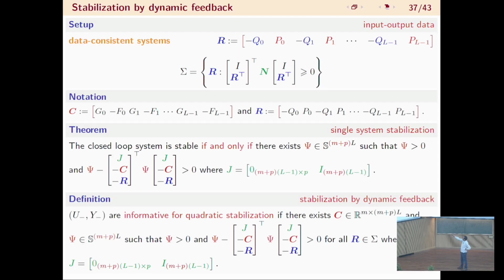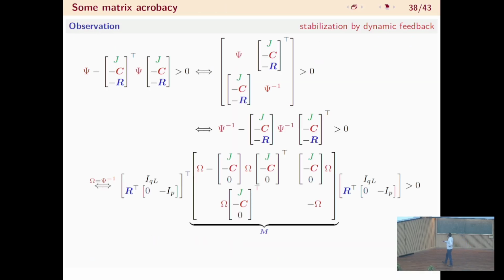First I obtained a quadratic matrix inequality for data consistent systems. Now I obtained another quadratic matrix inequality, this time for feedback stabilization. Okay? So I am almost there.